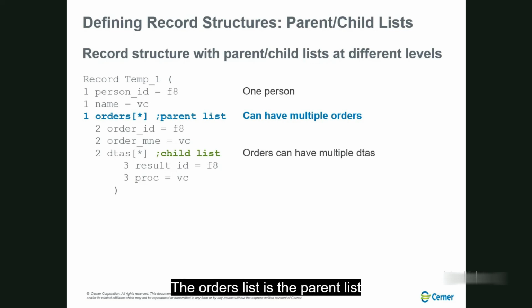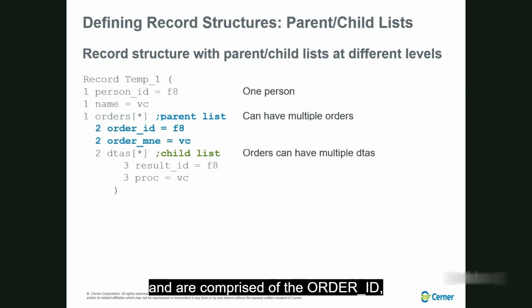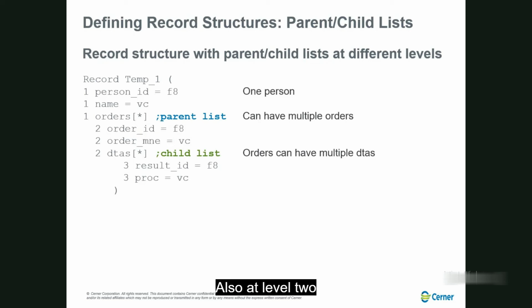The orders list is the parent list and is associated to the person. The items to be stored in the orders list are defined at level 2 and are comprised of the order ID, which is an F8 data type, and the order mnemonic with a VC data type. Also at level 2 is a defined DTAs list.